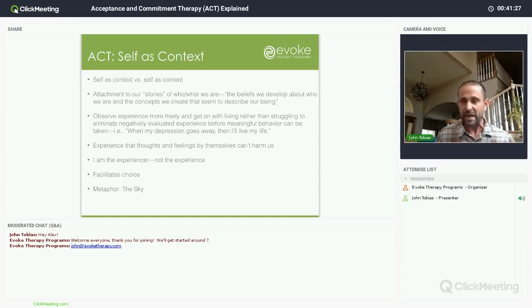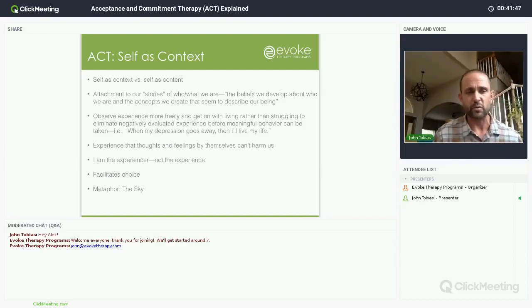But if you're relating to that internal experience in a flexible way, then no, that thought or feeling cannot harm you. It's only the behavior, or lack thereof, that you take on its behalf. That's where you get into trouble.